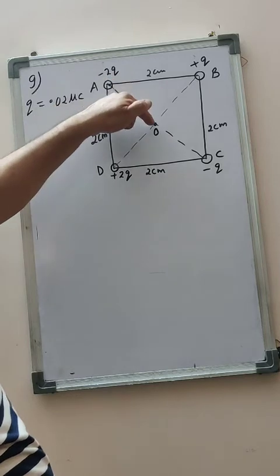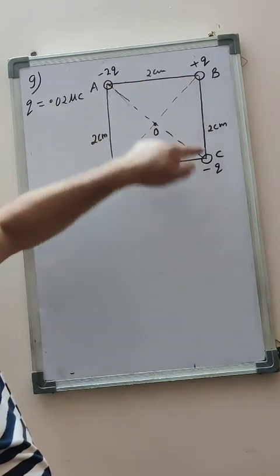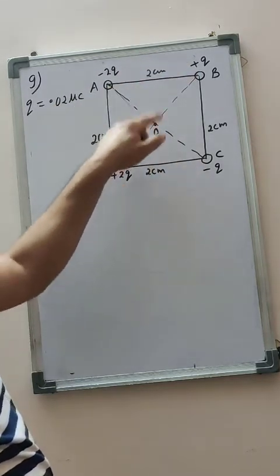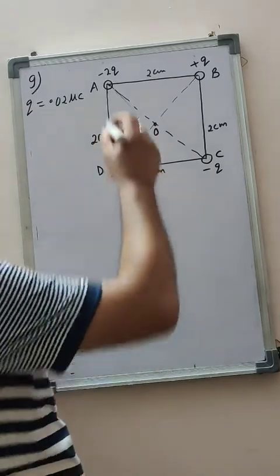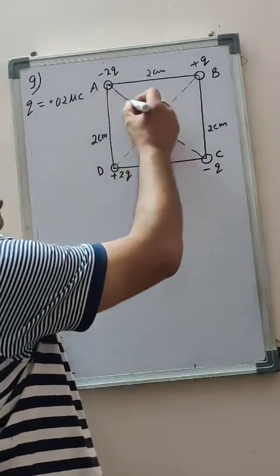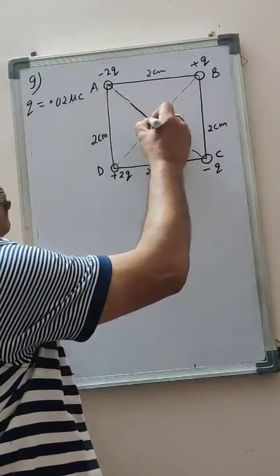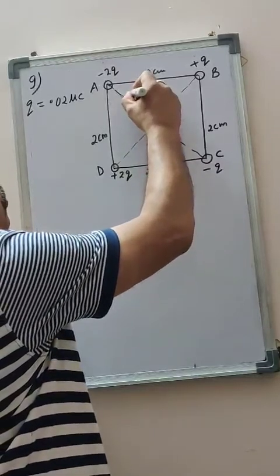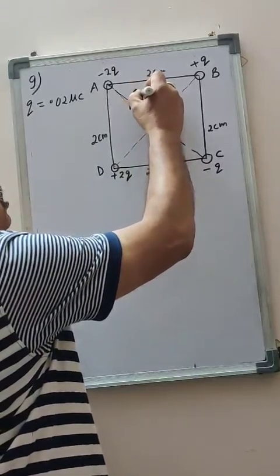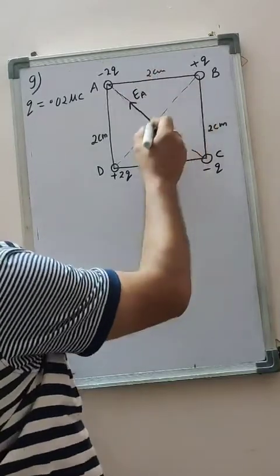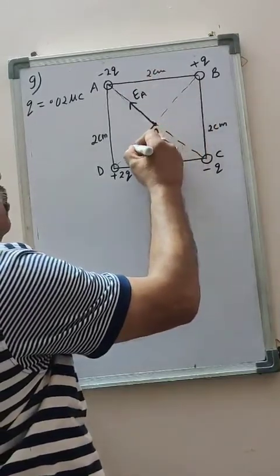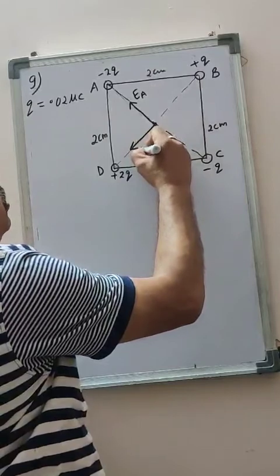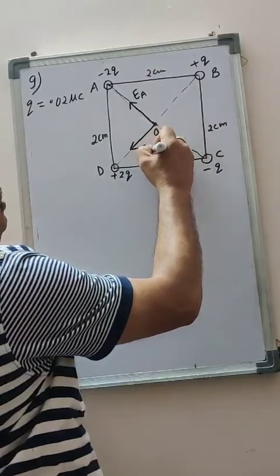A will produce the field, B will produce the field, C will produce the field and D will produce the field. A is negative charge, so field of A will be towards the charge. Field of B will be away from the charge, EB.